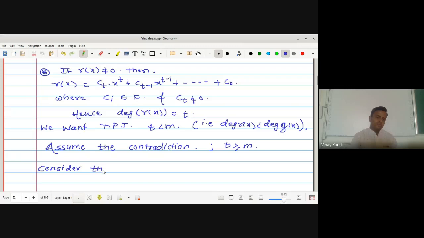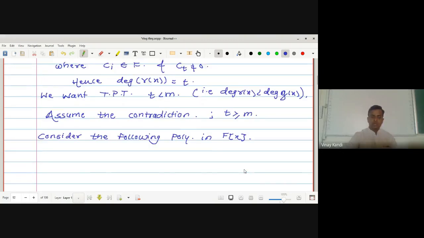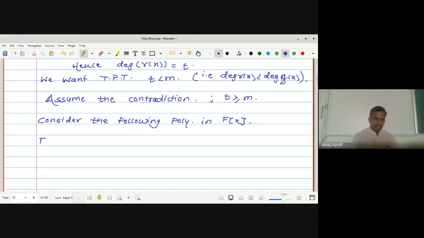the following polynomial in capital F of x. I consider this polynomial in F of x such that f of x minus q of x into g of x minus ct into bm raised to minus 1.